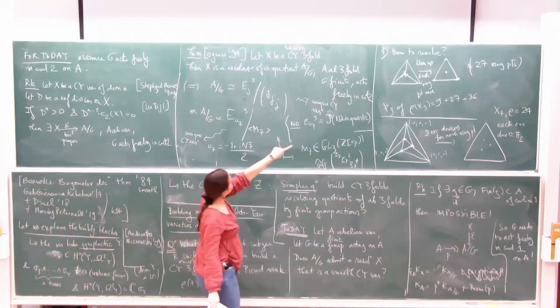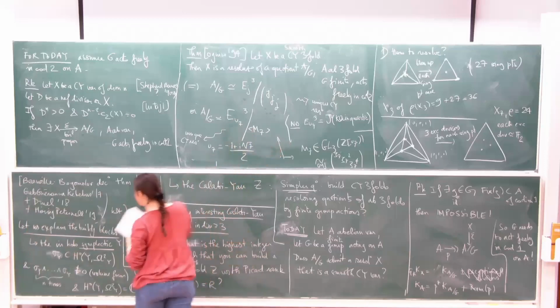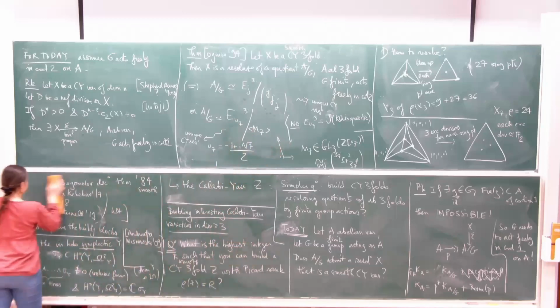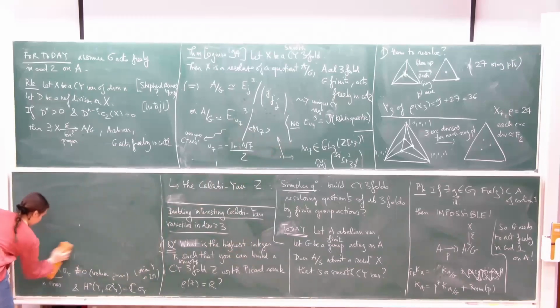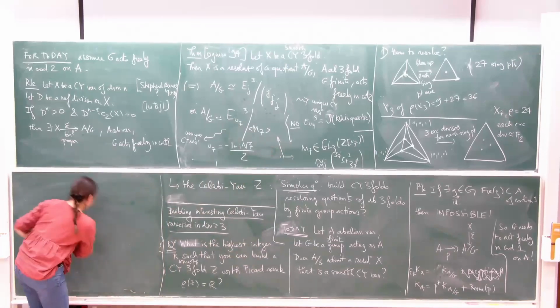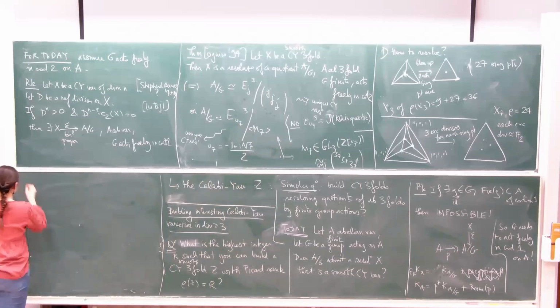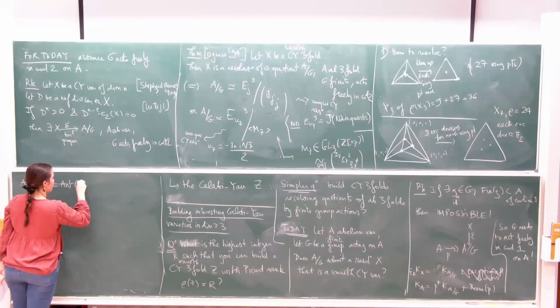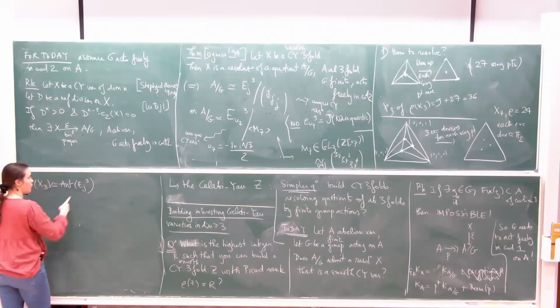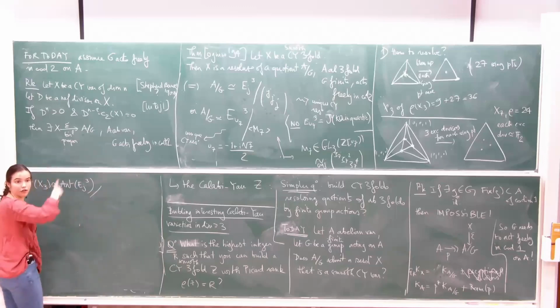So X3's automorphism group is actually the same as the automorphism group of E^3, where you actually remove the translations.